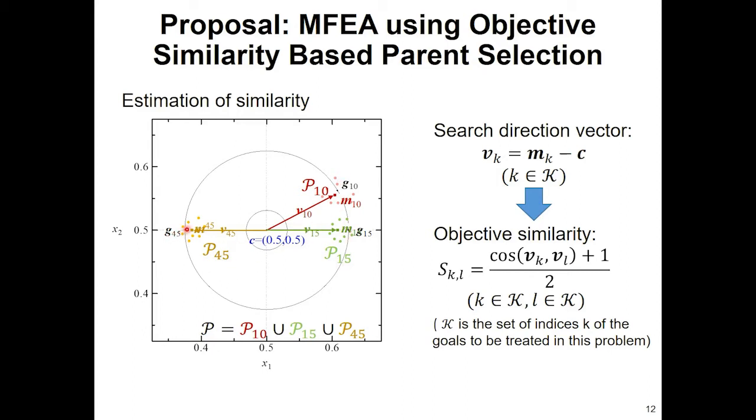For each sub-solution population, we take the average of how far it is from the center of the coordinates 0.5, 0.5, and create a vector.